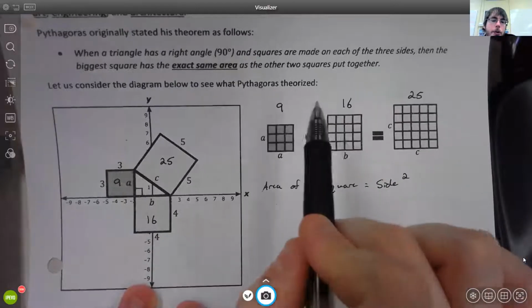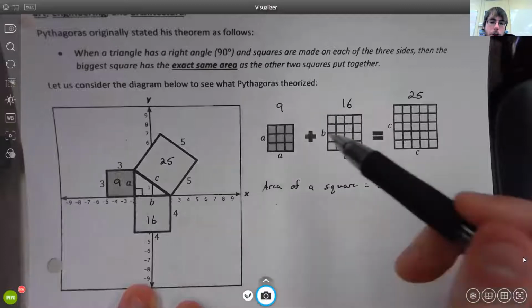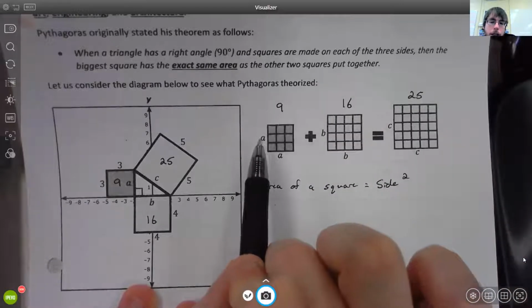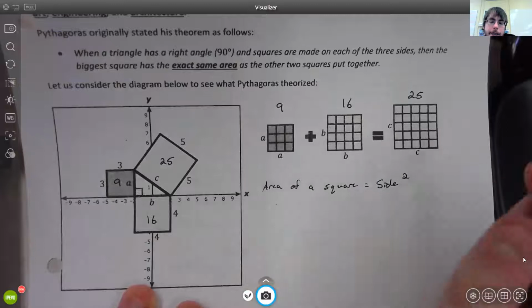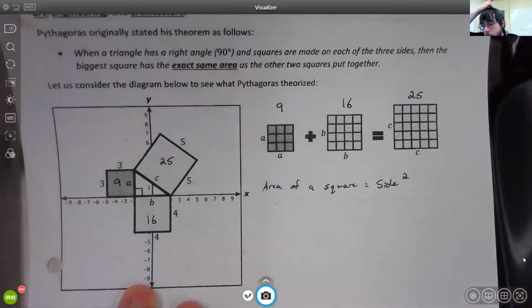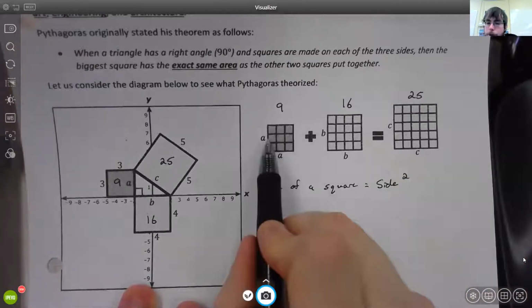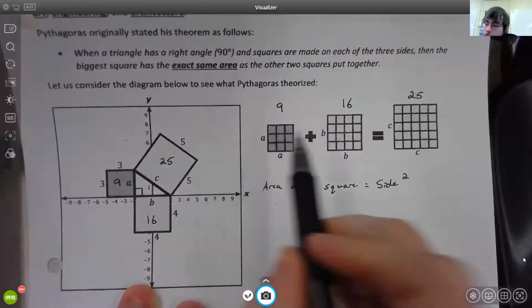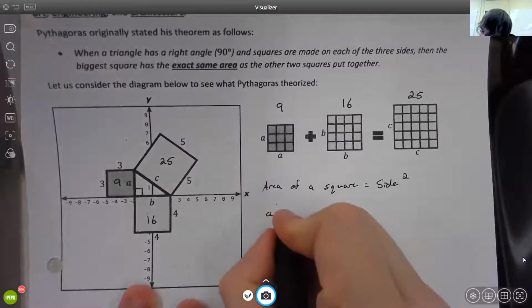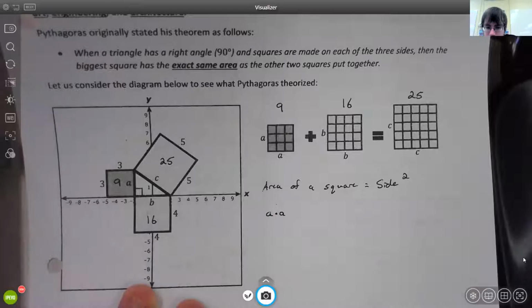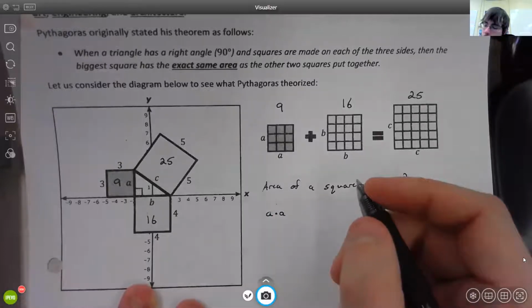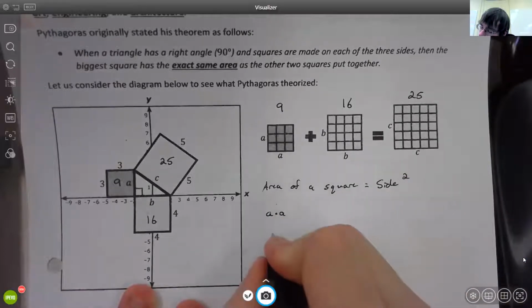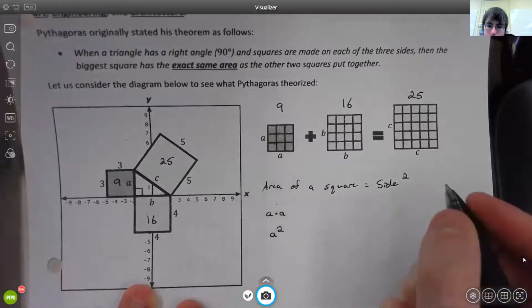Now, the way he wrote this out in a general format is using the letters A, B, and C, the legs and the hypotenuse. Your first leg here is A, so you would have A times A because it's the area, and A times A gives you A squared.